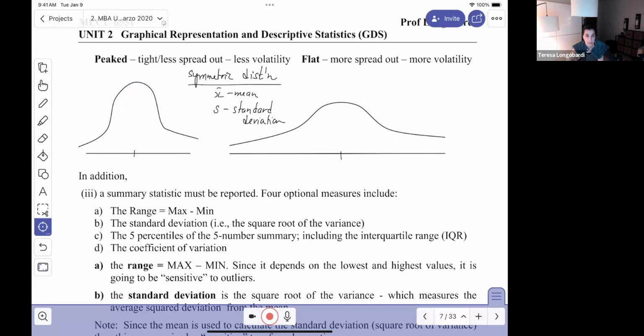What I'm saying is that that would be the mean, and that would be the mean of that one. Let's say they had the same mean, okay? Let's say they were the same.